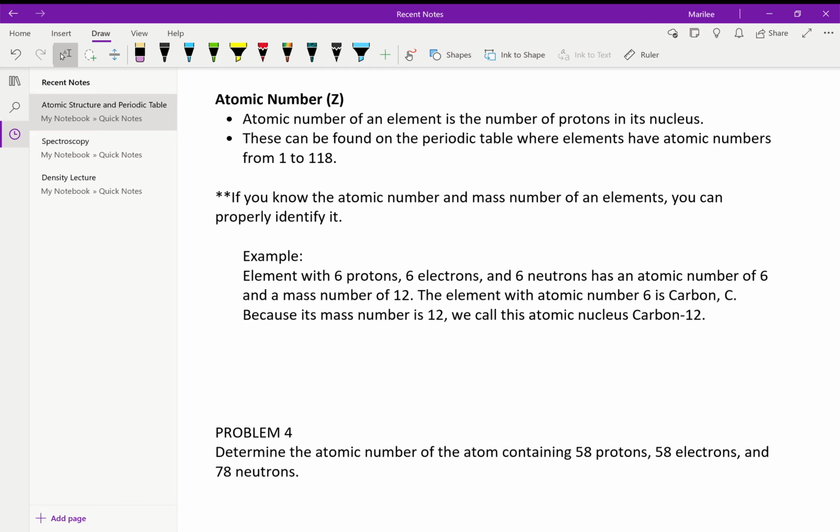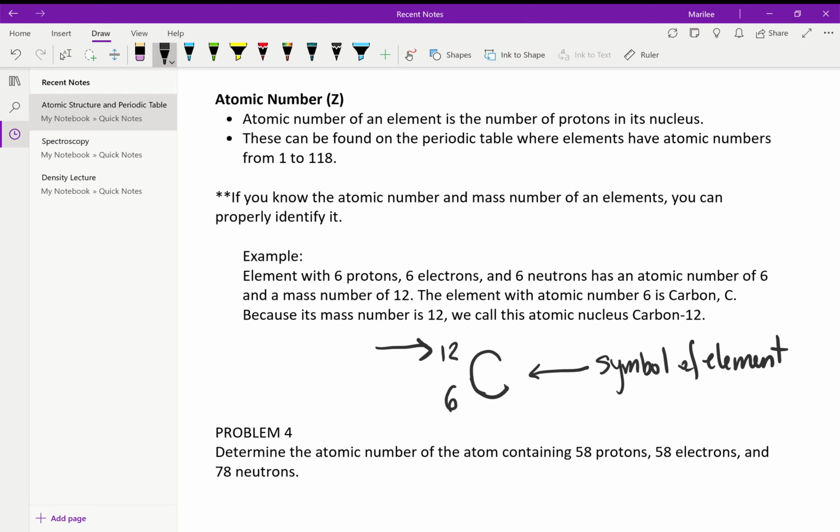So we write this as C 12 6. So C is the symbol of the element, 12, which I just went over, is the mass number, and 6 is the atomic number.